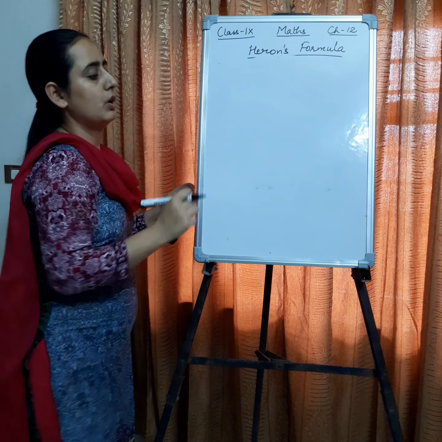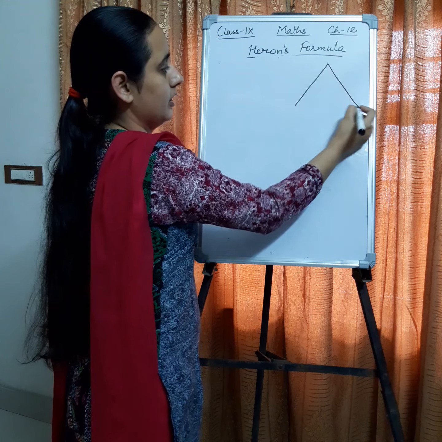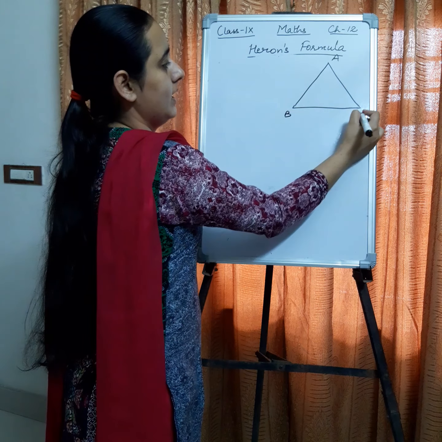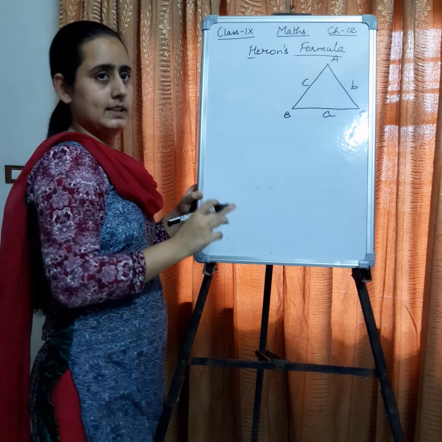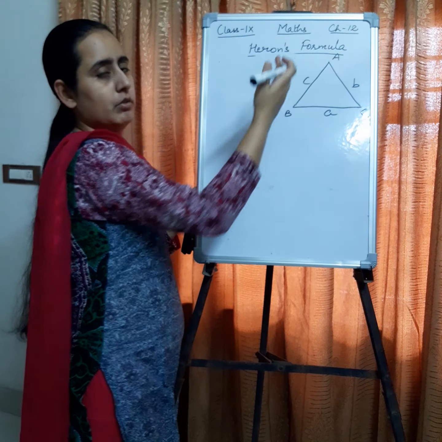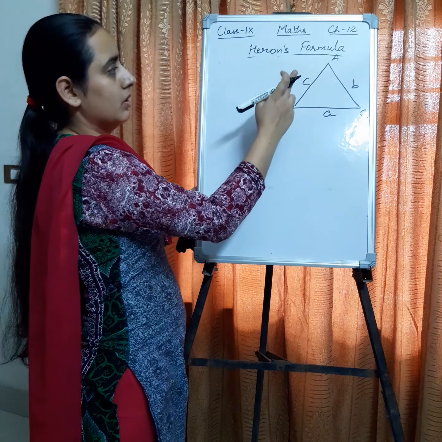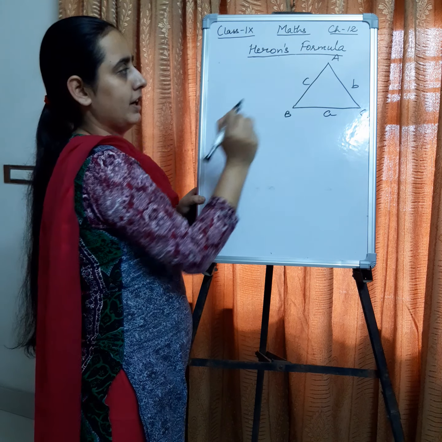Heron's formula is used to find the area of a triangle when only the sides of the triangle are given, when the lengths of the sides are given. Suppose these are 5, 3, 4, any sides are given. So how can we use Heron's formula for calculating this?